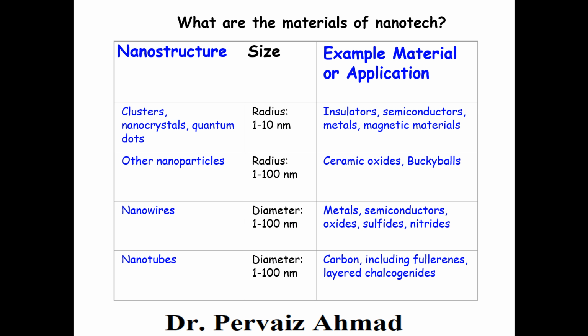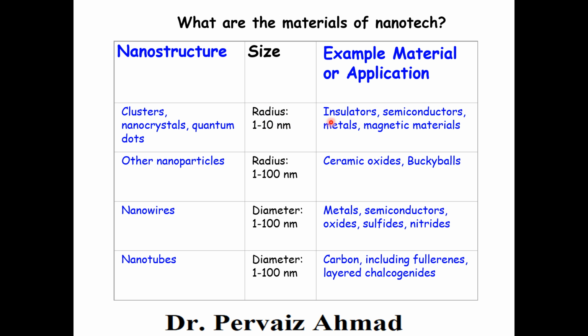So here are examples of the nanostructure materials, their size and example. The first type of nanostructure materials includes clusters, nanocrystals, and quantum dots. These are the materials which normally have the radius in the range of 1 to 10 nanometers.